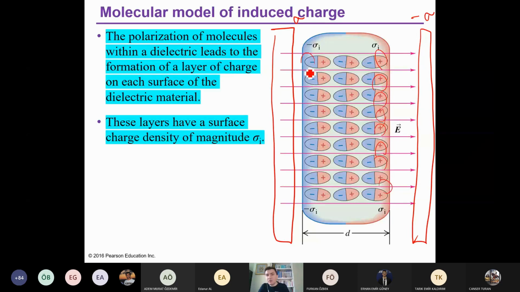Okay, and all the molecules within the dielectric material are aligned like this due to the electric field between the plates. Then we have the polarization of molecules within a dielectric material. I hope this is clear. This actually comes from the polarization which we have discussed in the previous lectures.